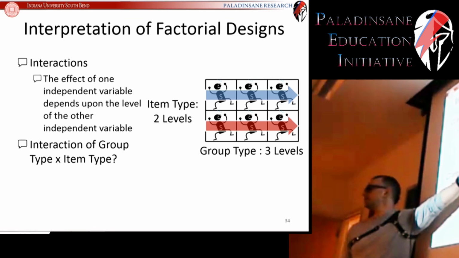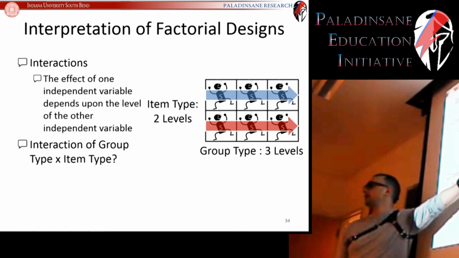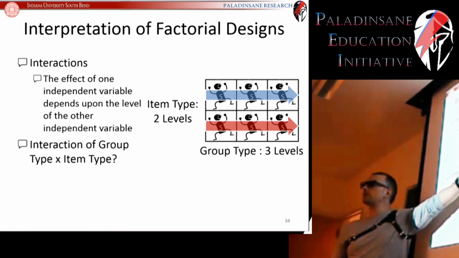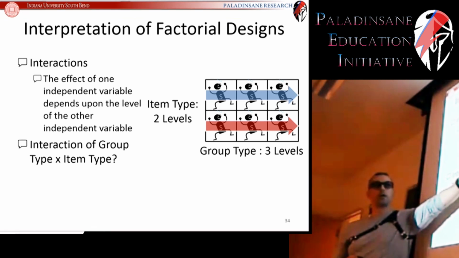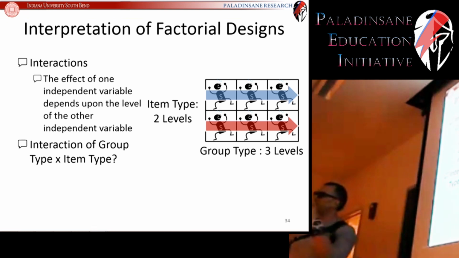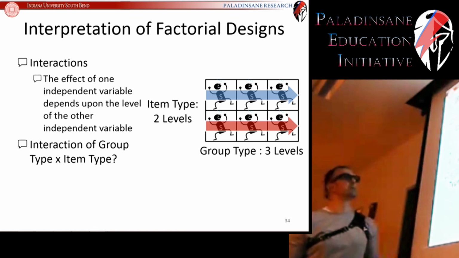How does group size change memory? You would have to say, oh, it depends. It interacts. Are you talking about correct memories or are you talking about false memories? Because the story is different for correct versus false memories. The effect of group size interacts with the type of memory.